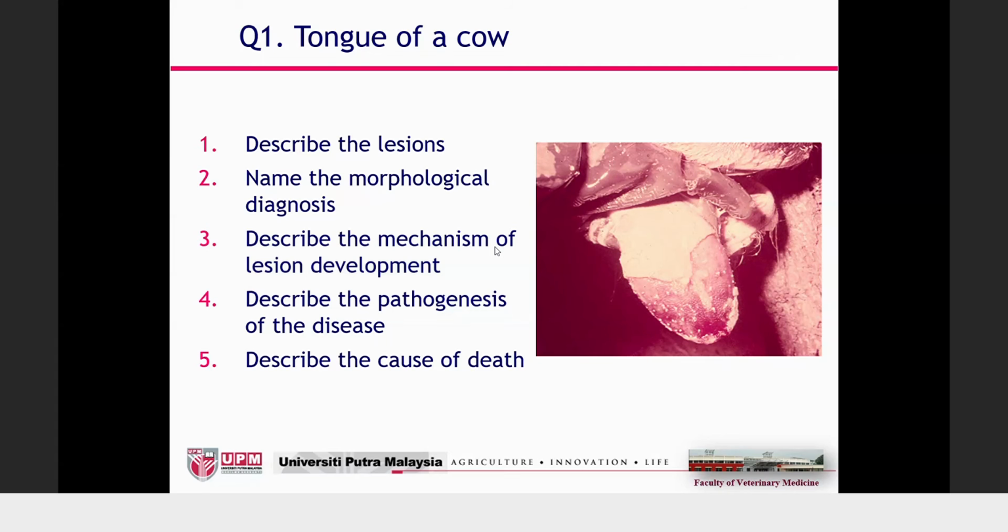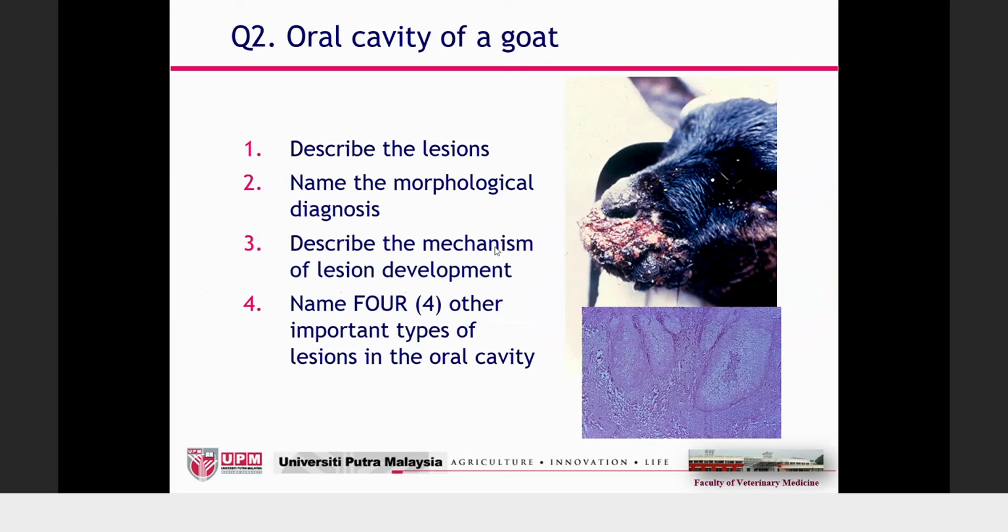So this is the second one, just to re-practice again. Same, you get this mechanism. Then of course, the fourth one is an additional four important types of lesion in the oral cavity. This is referring to stomatitis, where you have five important lesions: catarrhal, vesicle, erosion and ulceration.